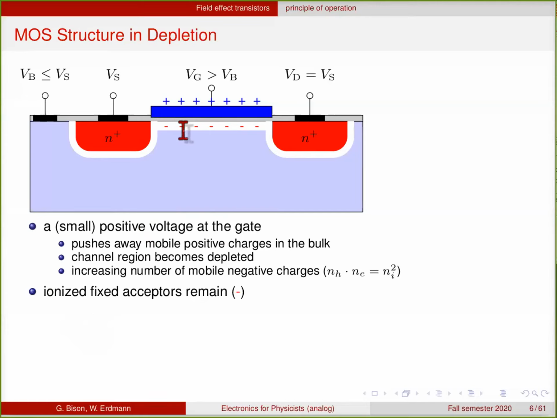But we'll also get an increasing number of mobile negative charges that are thermally generated. In equilibrium, we know from the diode discussion that the product of the two is constant. So if we remove positive charges by applying this positive potential at the gate, then we start also accumulating negative charges here. But the first step is to go into depletion.